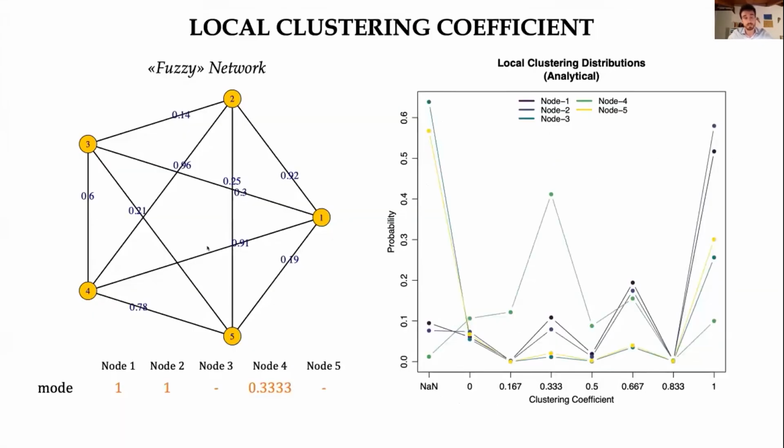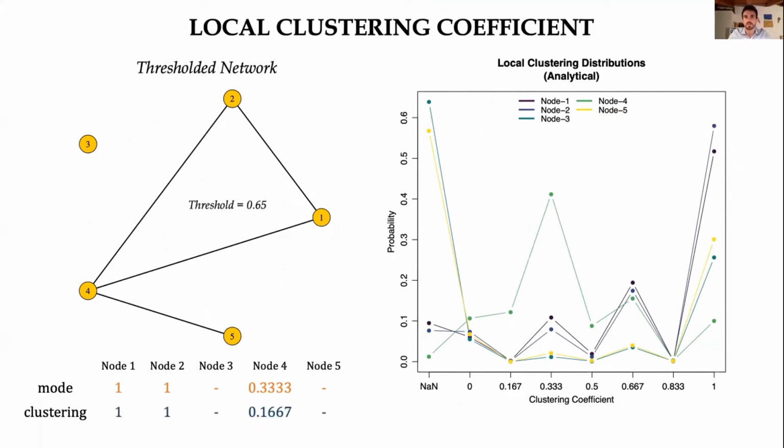In a similar manner, we can compute the probability distribution for another important descriptor, that is the clustering coefficient. In the plot, you see again the probability distribution for the clustering coefficient for each node. And as you see, the probability distribution in this case has a very irregular shape. On the bottom left, you see again statistics computed from this distribution and a comparison with, again, a threshold network, just like before.